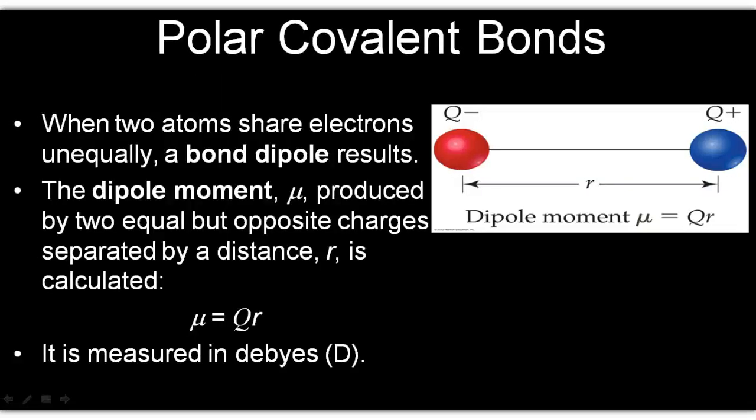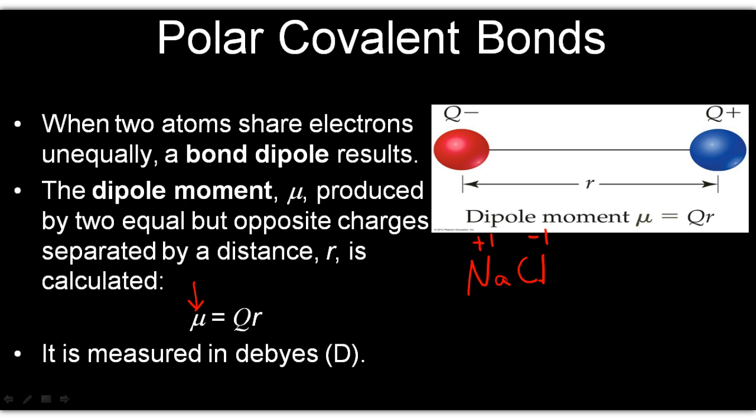So with polar covalent bonds, the next way we can look at it is with this dipole moment. It's kind of the same idea as looking at the electronegativities, but it looks at the charge a little bit differently. When we look at sodium chloride as an example, we like to say that sodium is a +1 and chloride is a -1.